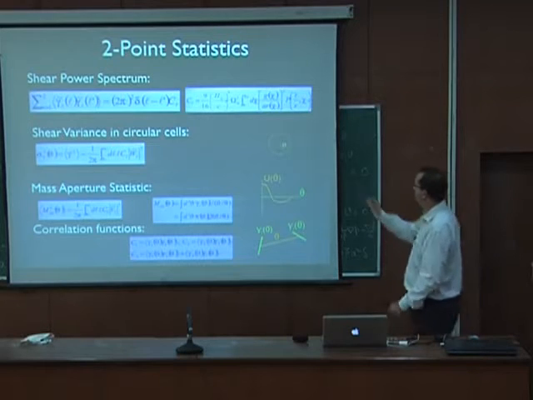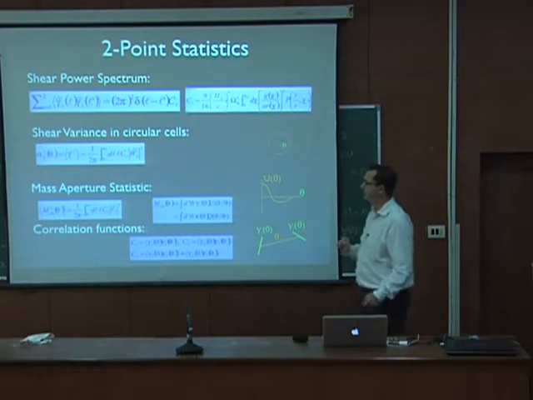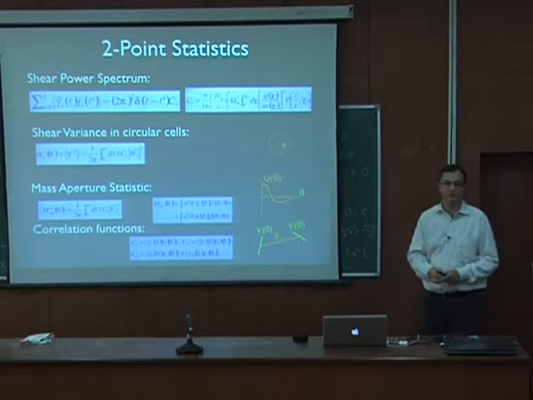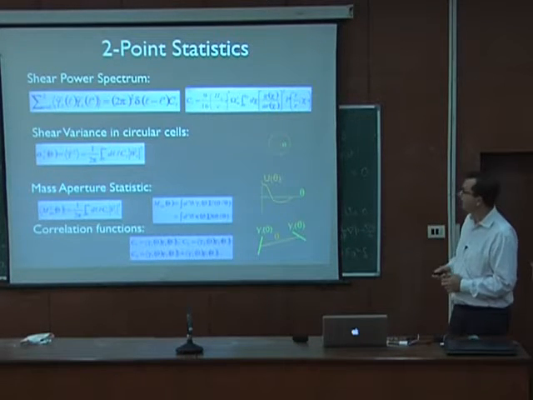So it's basically we're smoothing the shear field with a circle of a given theta and computing the variance of the shear inside a circular aperture and calculating the average.